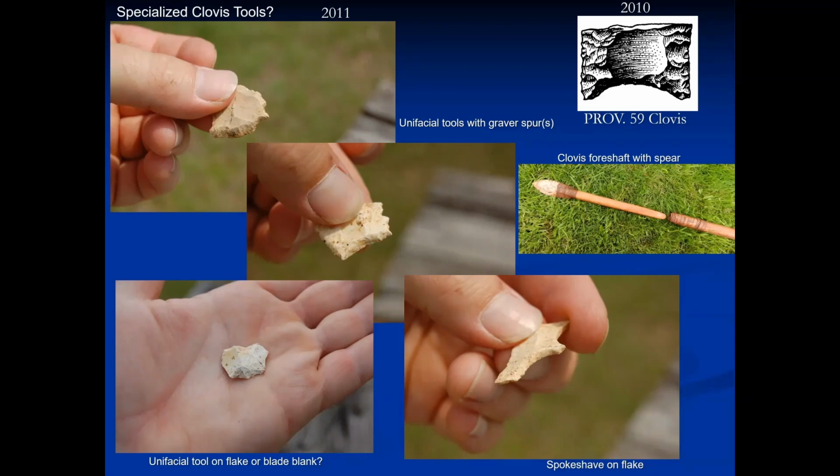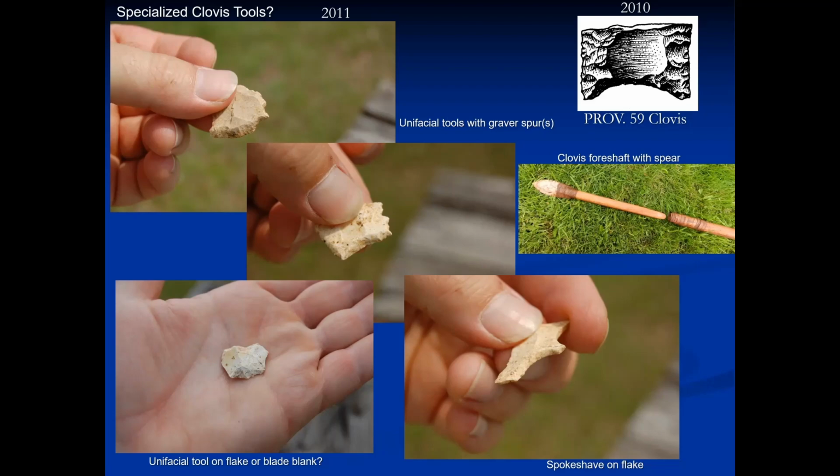But this was the major technological component, because a Clovis point would have been hafted in a foreshaft, wrapped with animal sinew and pine pitch to haft the point. And then that foreshaft would have been inserted into a longer spear that would have been thrown with an atlatl, right? So they weren't throwing these with their hand.